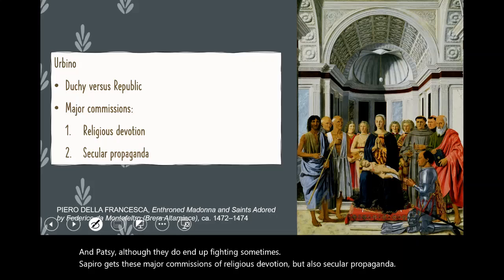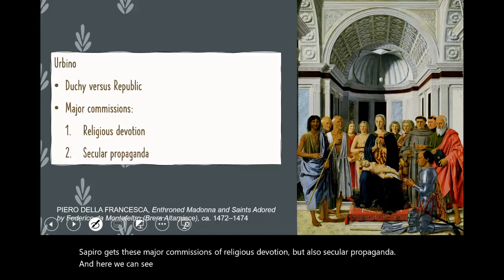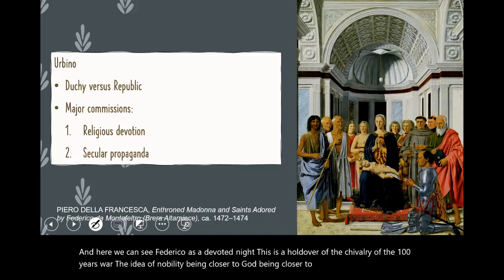And here we can see Federico as a devoted knight. This is a holdover of the chivalry of the 100 Years' War, the idea of nobility being closer to God, being closer to the Virgin in this sense, and morally superior.